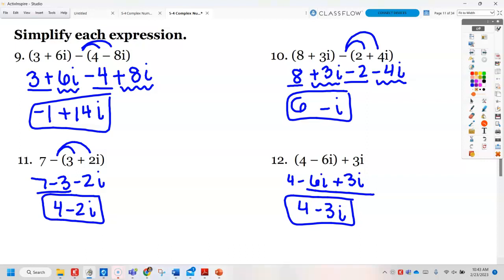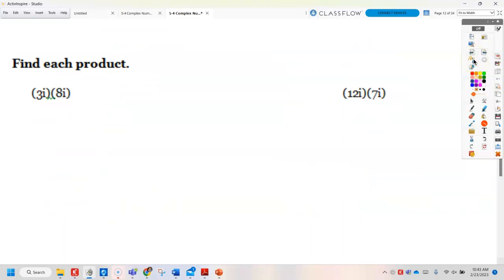The reason we have to learn the powers of i is for multiplication. So just like when you multiply variables together, their exponent changes. When you multiply i's together, the exponent changes.